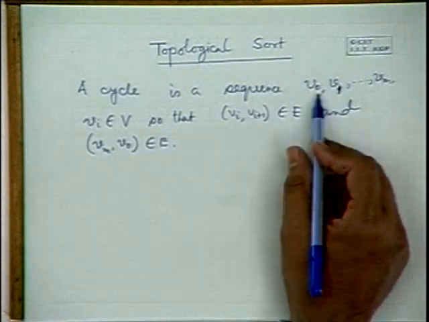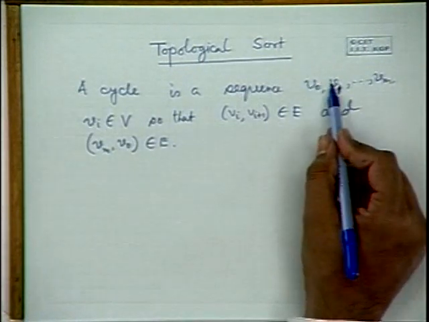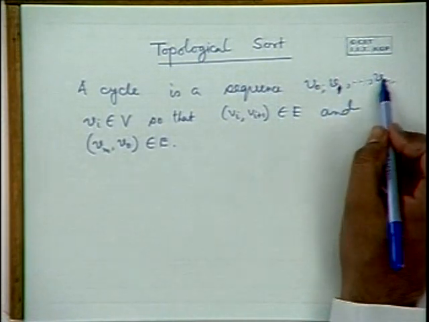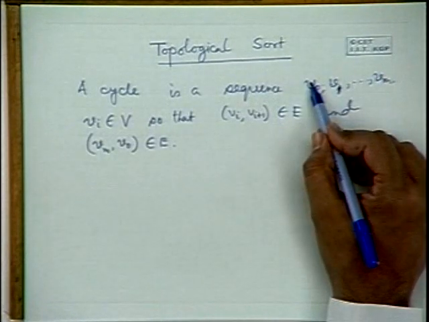So it is a sequence of vertices such that between every consecutive vertices there is an edge, and from the last vertex to the first vertex also there is an edge.